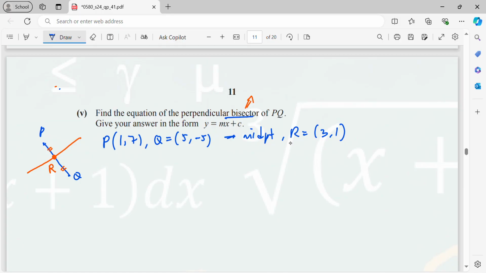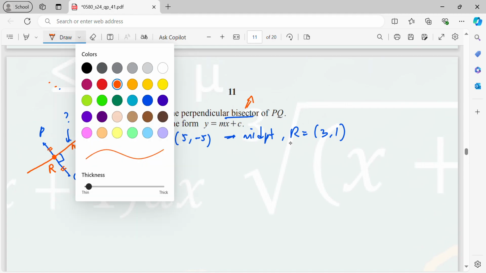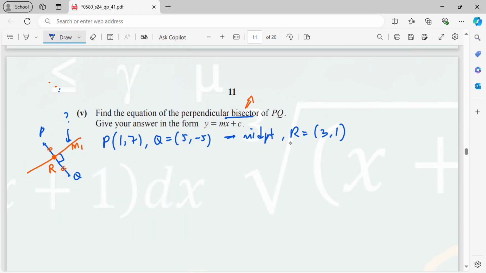And now we need to find out what this is. This is the equation of the perpendicular bisector. Perpendicular means here is 90 degrees. So now the gradient of the orange line, M1, and the gradient of PQ, when you multiply together, that is minus 1. That is the property of perpendicular lines. Firstly, I need to find the gradient of PQ.